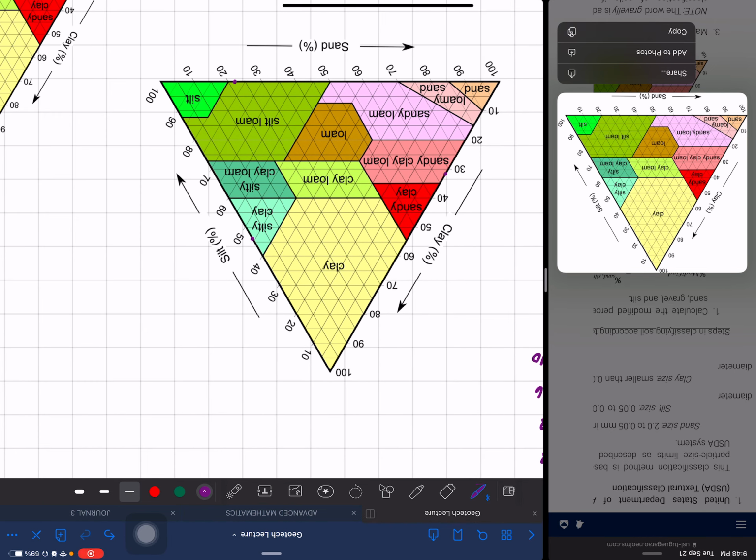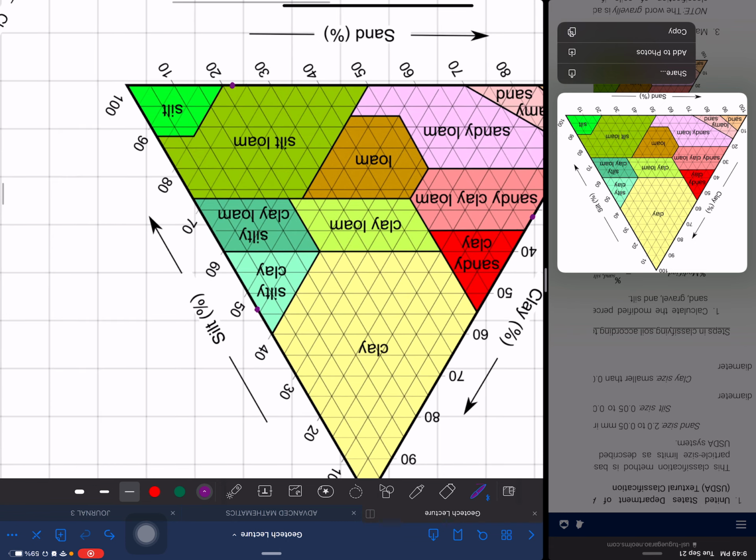When you're going to plot, guys, you just have to converge or intersect the three. The intersection, follow nyo yung direction. In this part, ang direction niya is pataas, going to the left.